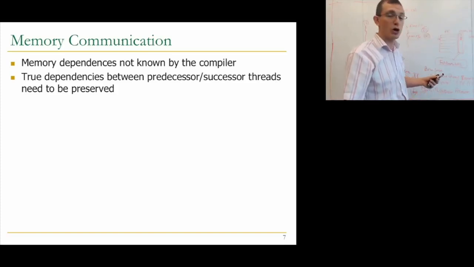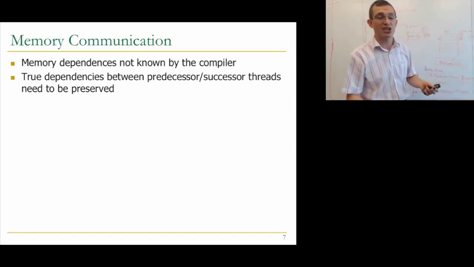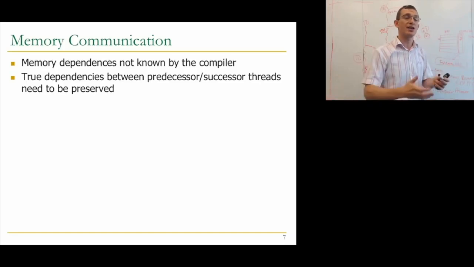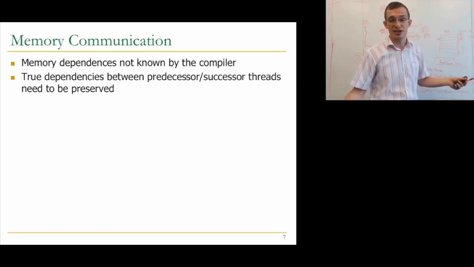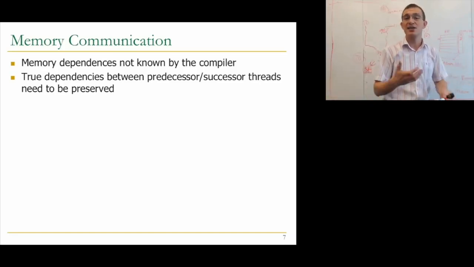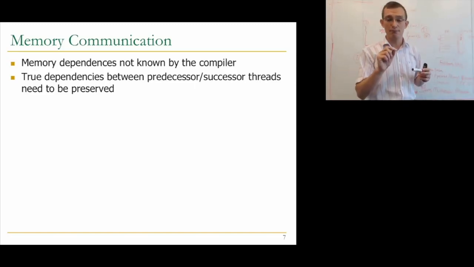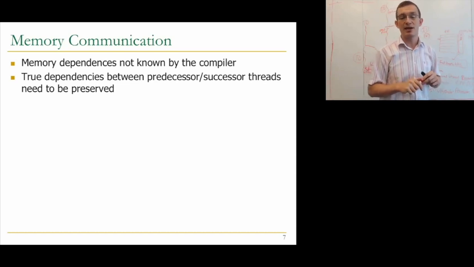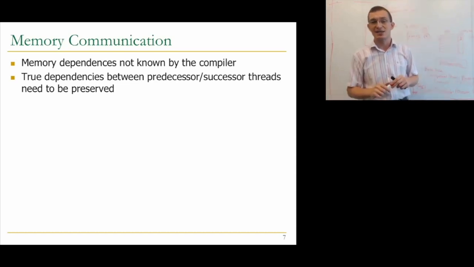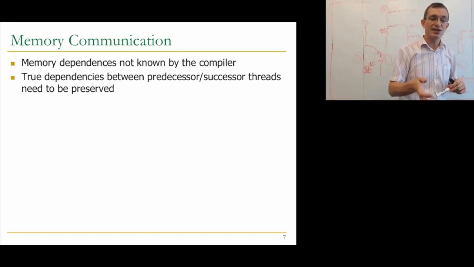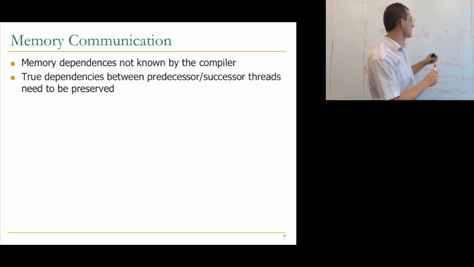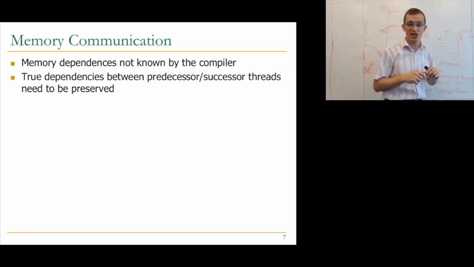For example, if you use pointers in your program and dynamic memory allocation, you allocate memory to a pointer, and you allocate some other piece of memory to a pointer, and you can assign any value to a pointer, right? As a result, these dependencies are dependent on the dynamic inputs to the program, and how does the program behave based on those dynamic inputs, and the compiler cannot analyze that dynamic execution. As a result, memory communication is usually harder to satisfy between these different threads in speculative parallelization.